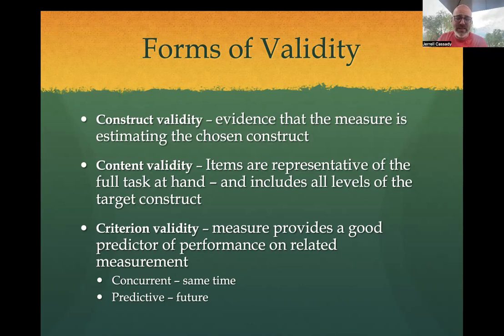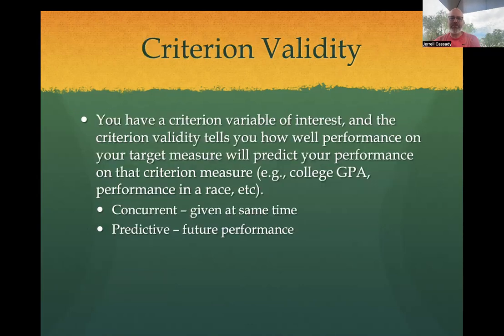Meaning I can predict performance on a subsequent task based on this measure, or it lines up very nicely with another measure that I gave you at the same time that I already know is a good measure. So concurrent validity is focusing on, if I have two anxiety measures and you take both of them, they both say you have high anxiety, then you have concurrent validity.